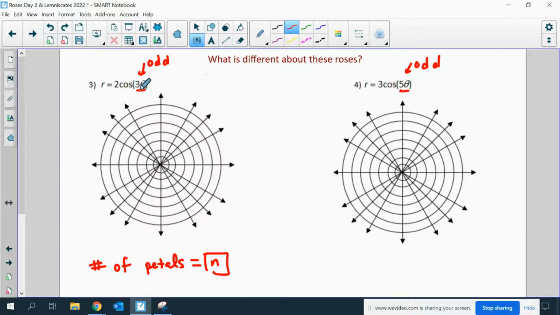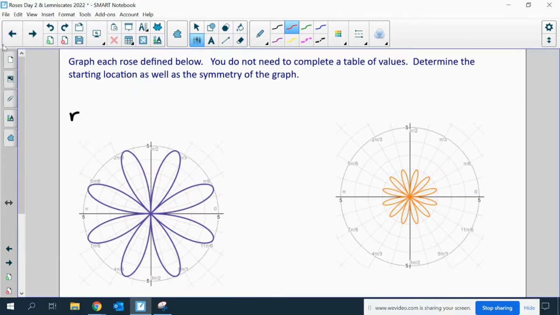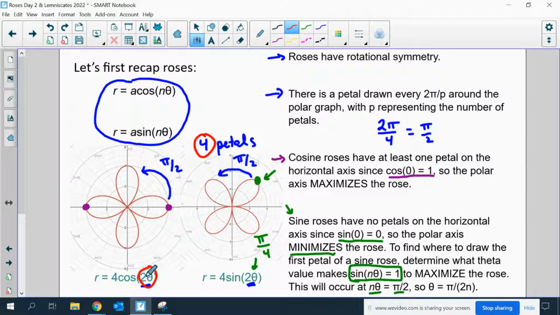So for example, if I plug in pi for theta, I then have cosine of 3 pi, which then starts giving me negative values that I wasn't necessarily expecting when I had an even number here.